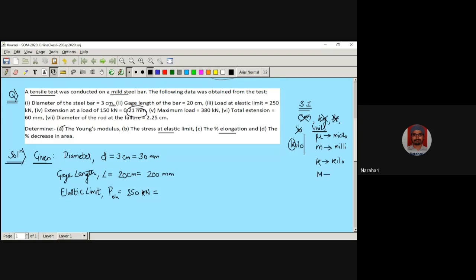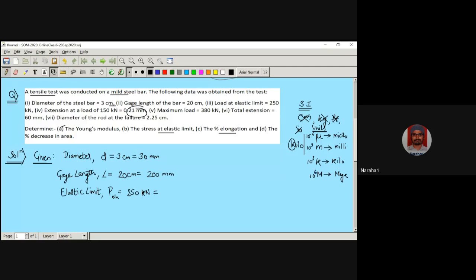Capital M is mega. Micro is 10 to the power minus 6. Milli is 10 to the power minus 3. Kilo is 10 to the power 3. Mega is 10 to the power 6.